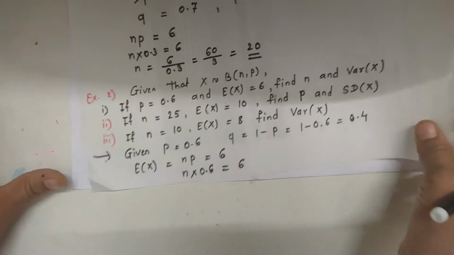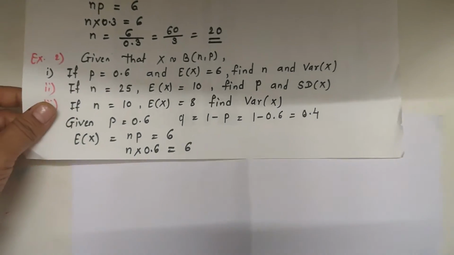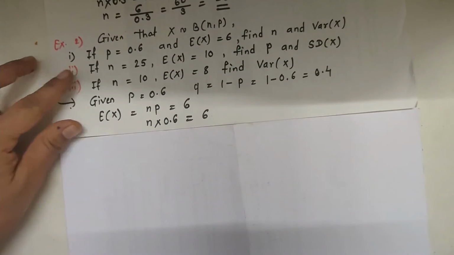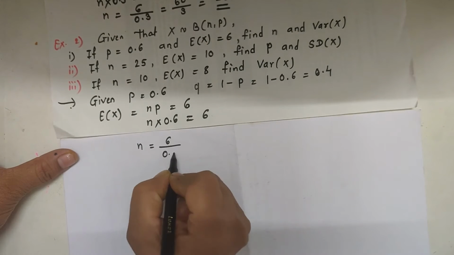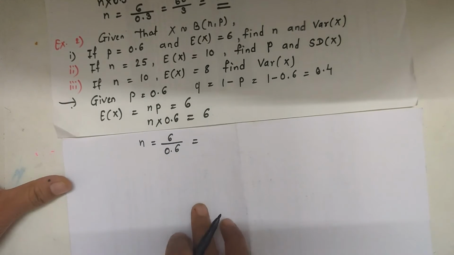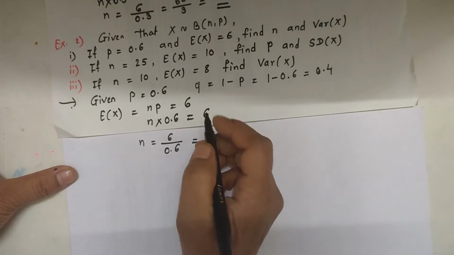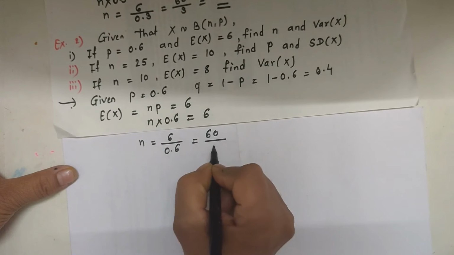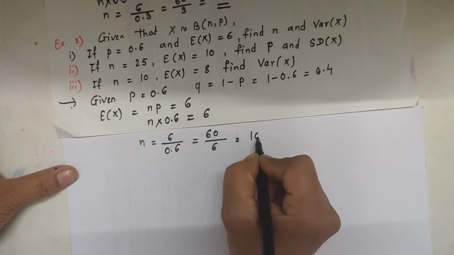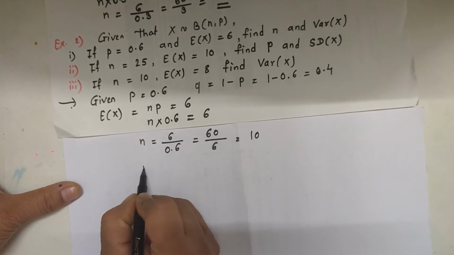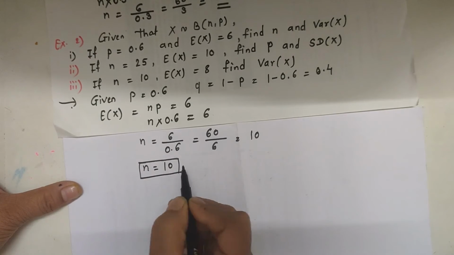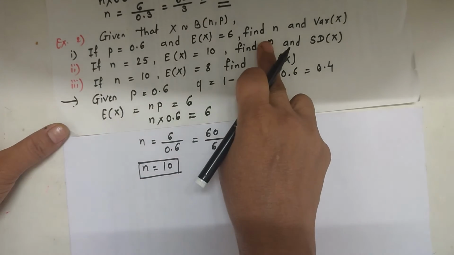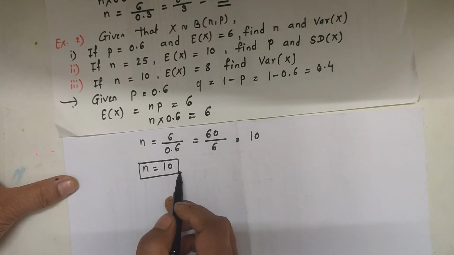So n is equal to 6 by 0.6. By removing the decimal point, we get 60 by 6, that is, 10. So n is equal to 10. From the first question, we get the value of n is equal to 10.